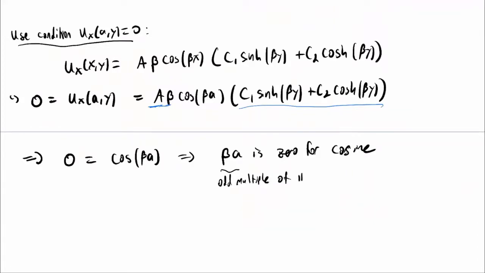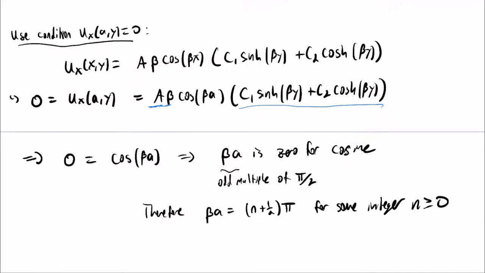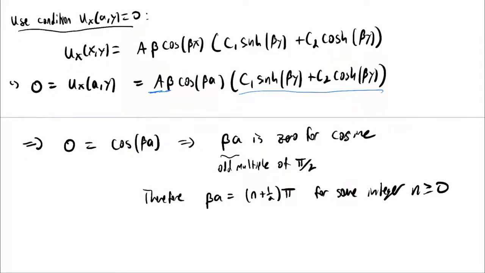And so one way to write this is that beta a is equal to some integer n plus 1/2 times pi for some integer n bigger than or equal to 0, because I can replace n by 2n over 2, and then I have 2n plus 1 over 2, which is an odd number over 2 times pi, which is exactly what we just said.